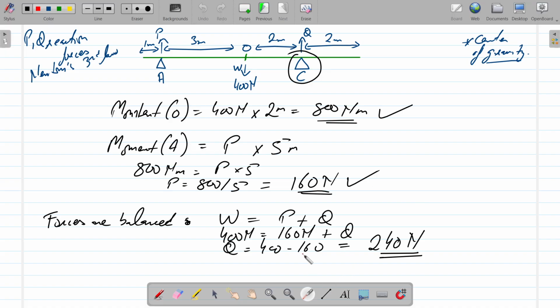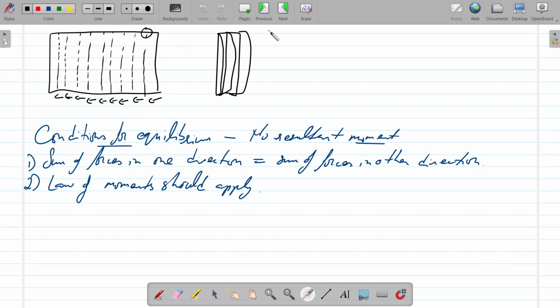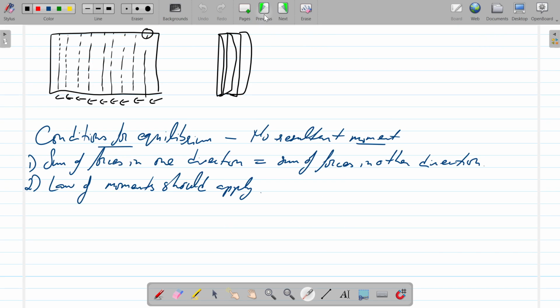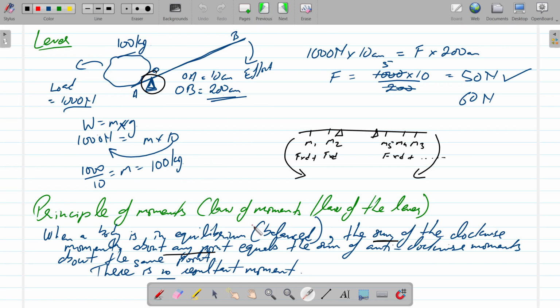So, right now, what the principle of moments or the law of moments talks about is when a body is balanced or in equilibrium, the sum of the clockwise and the anti-clockwise moments should be equal, right? And therefore there is no resultant moment.